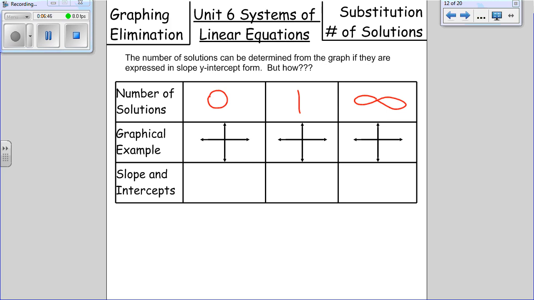If you wanted to draw what no solutions look like, you would just draw parallel lines. Parallel lines that have different y-intercepts.